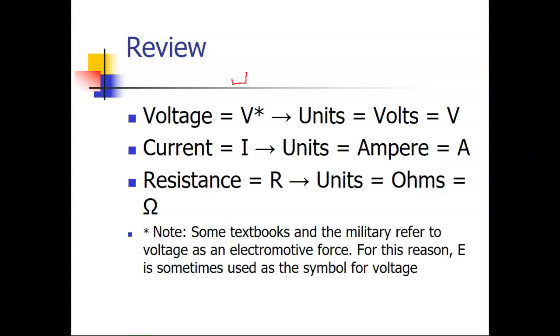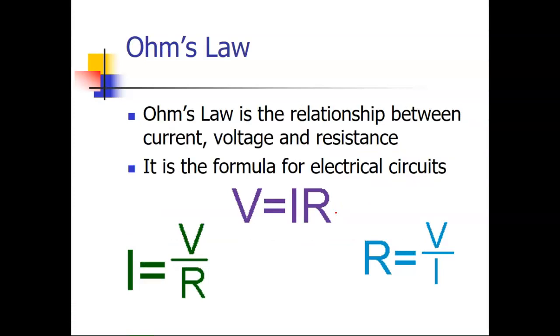So Ohm's law is the relationship between current, voltage, and resistance, and it's the formula we use for all electrical circuits. So guys, go ahead and write down these three formulas.